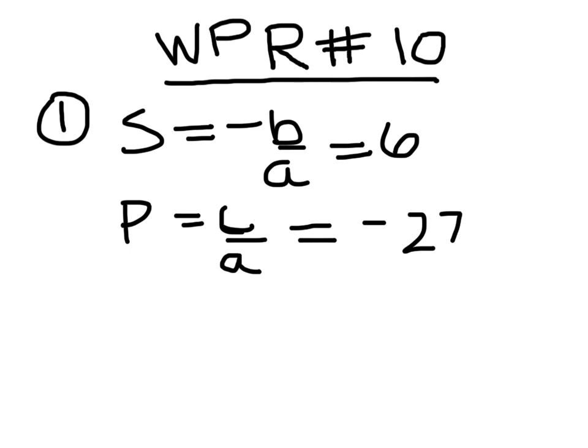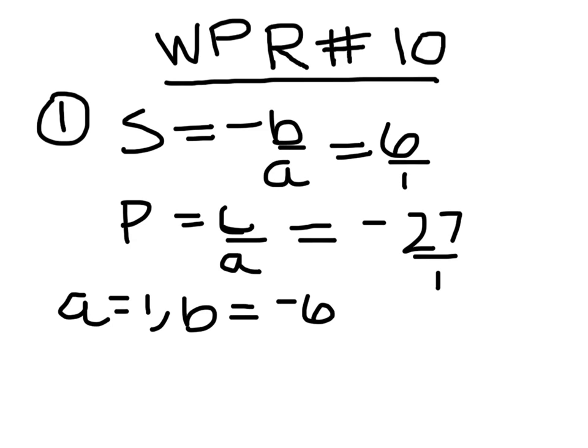Okay, so the sum formula is negative b over a, the product formula is c over a. In both cases, a is 1, negative b is 6, which means b is negative 6, and c is negative 27.